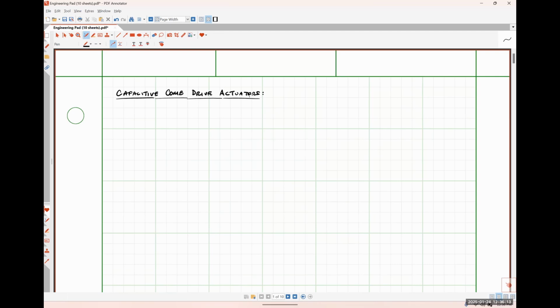So I'm going to attempt to draw a microstructure here, something akin to this.